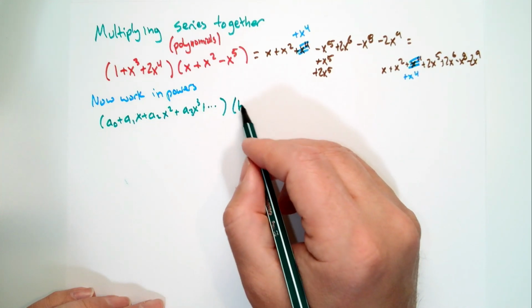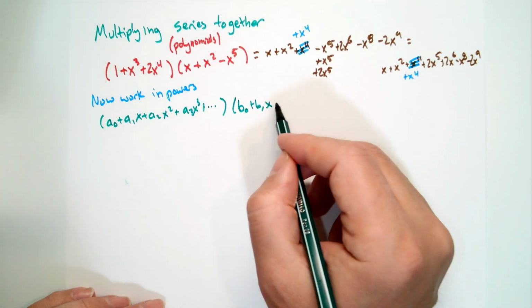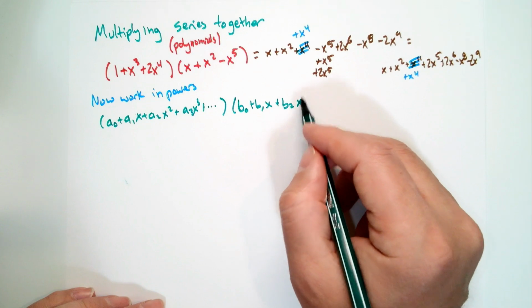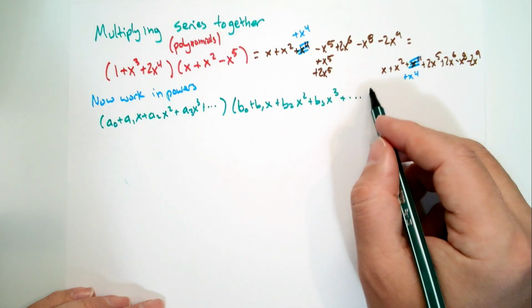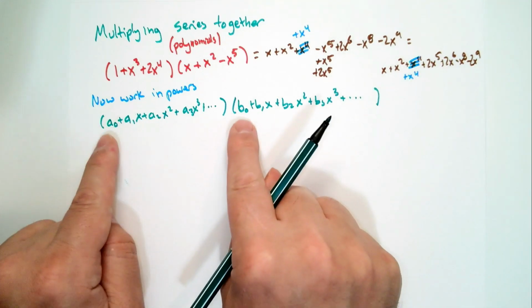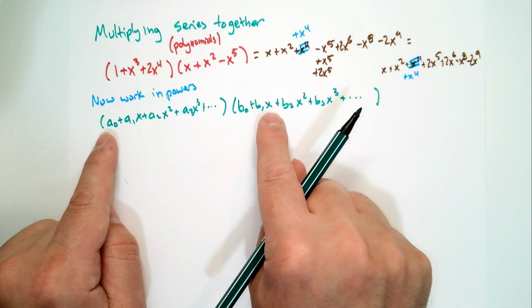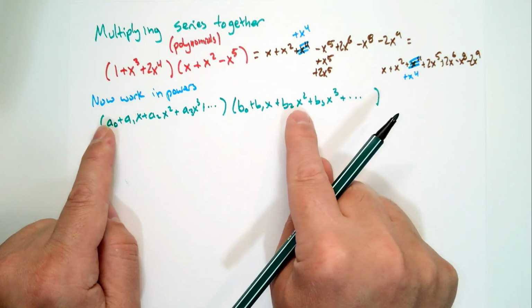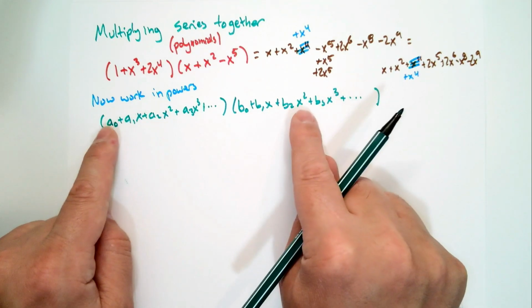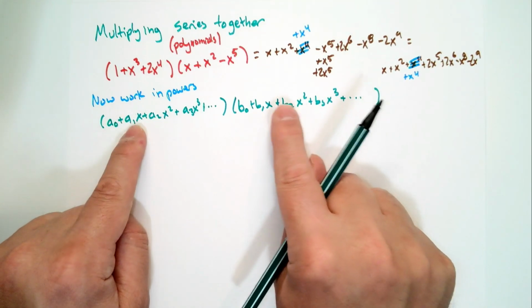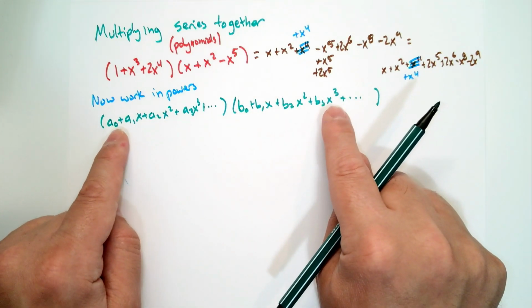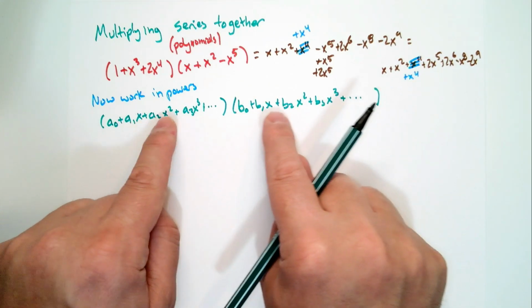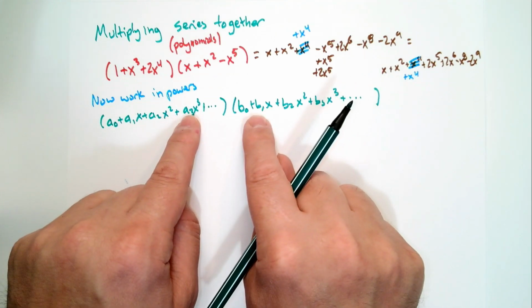And then over here, b0 plus b1x plus b2x squared plus b3x cubed plus and so on. So constants, then you work on your first order terms, then your second order terms. So constant times x squared, x times x, x squared times constant. Third order terms, x cubed, and so forth.